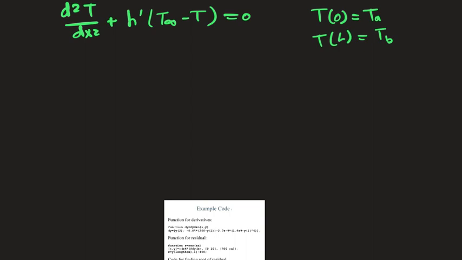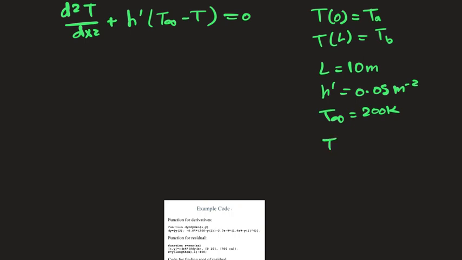The values for those parameters are as follows. L is equal to 10 meters, h dash is equal to 0.05 meter to the minus 2, and T infinity is equal to 200 degrees Kelvin.